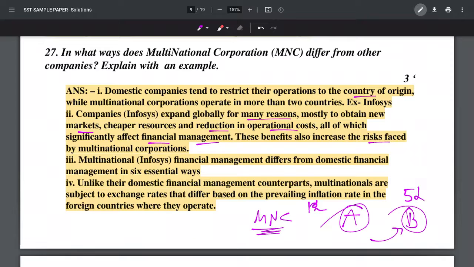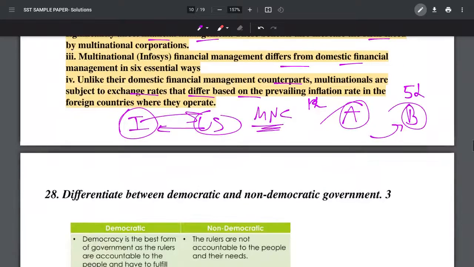Now, multinationals like Infosys, as I said, differ from domestic financial management in six essential ways. Unlike domestic counterparts, multinationals are subject to exchange rates that differ based on the prevailing inflation rate in foreign countries. Domestic companies are in India only, but some are in the US also. So they have to coordinate with the current rates, and hence that's difficult.